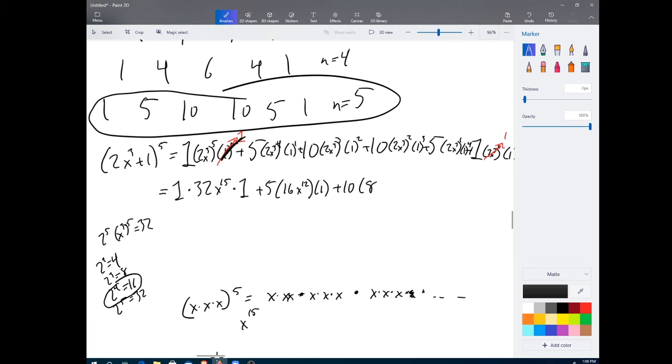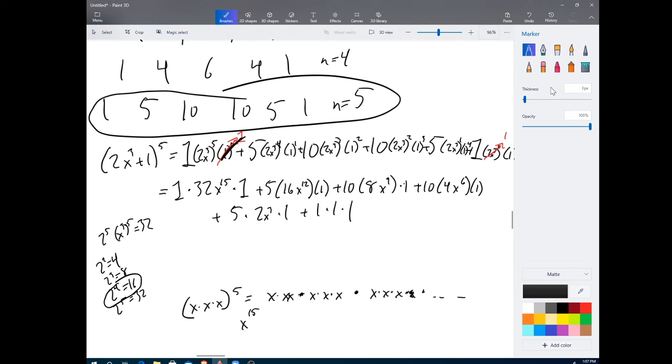X cubed cubed is going to be to the 9th, times 1, plus 10 times 2 times 2, which is 4. X cubed squared is 6. 6 x's times 1. Plus 5 times 2x cubed. That's the first power, so I don't have to worry about that. Times 1. Plus 1 times 1 times 1.